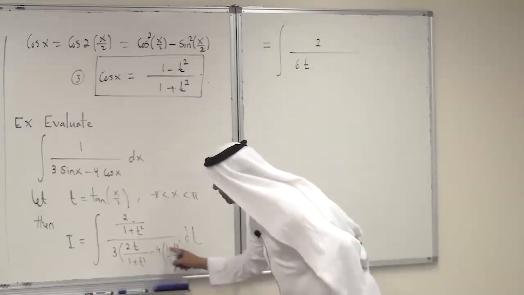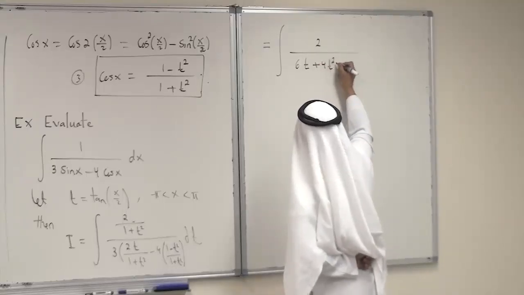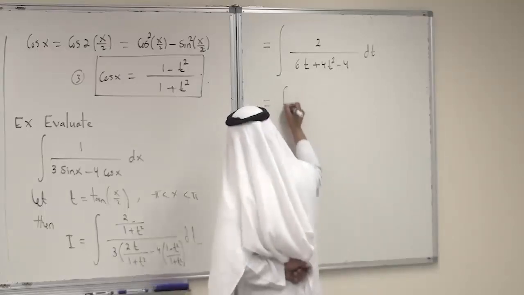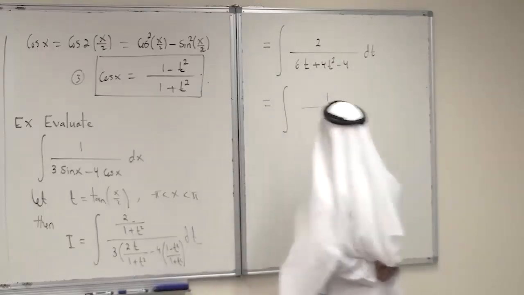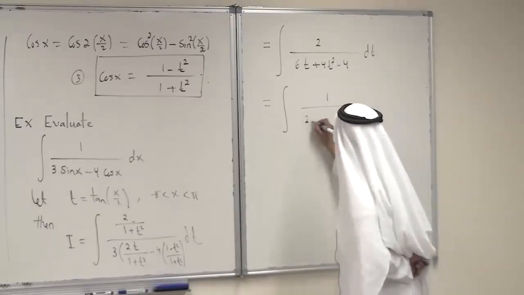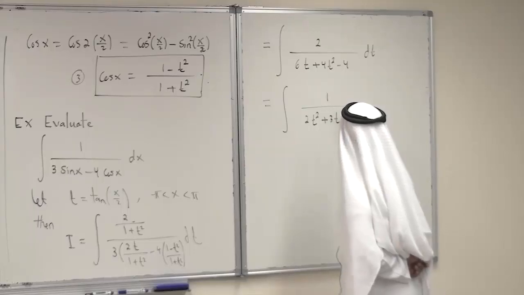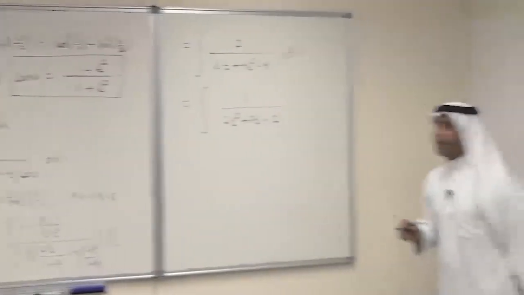You have minus 4 plus 4t squared, plus 4t squared minus 4, dt. Simplifying, I will divide by 2, so I have 1 over 2t squared, rearranging terms, plus 3t minus 2. I'm just simplifying this by dividing by 2.